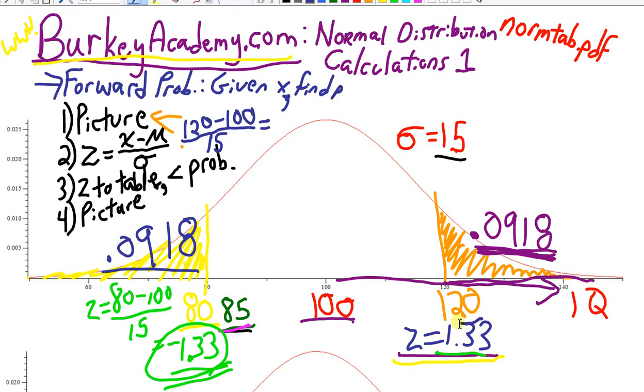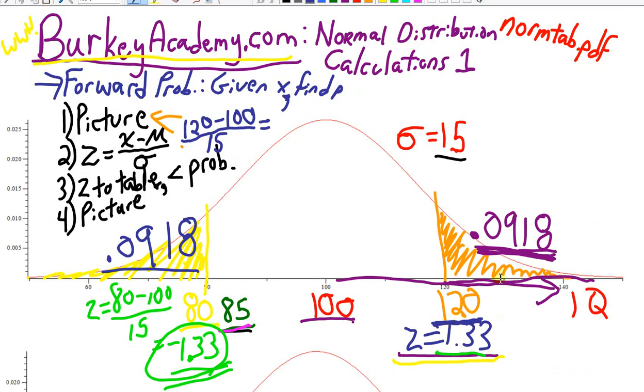Suppose you wanted to start a high IQ club. And we know that 9.18% of people have an IQ over 120. Suppose you wanted to start a high IQ club that was a little more exclusive than this. And you said, well, I don't want to set my entrance level at an IQ of 120.